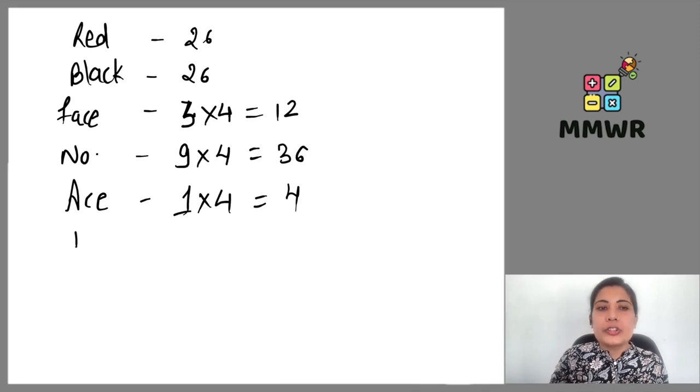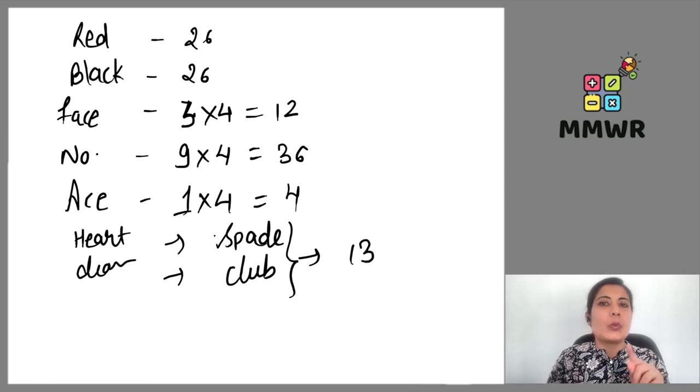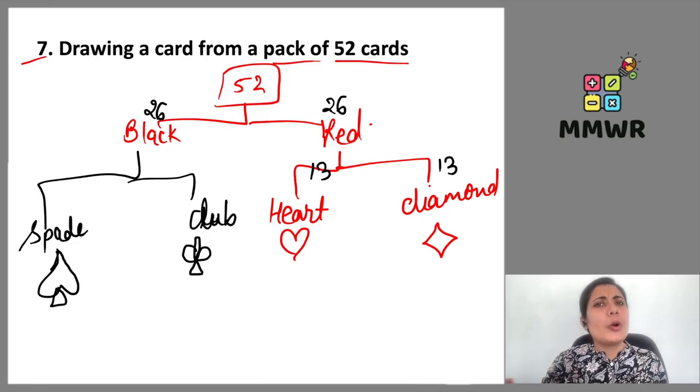Then how many heart shapes are there? Heart, diamond, likewise we can list out. Heart, diamond and spade, black, and club. Each one is of 13 cards, right? So likewise, we can list out all possible outcomes wherever it is possible.